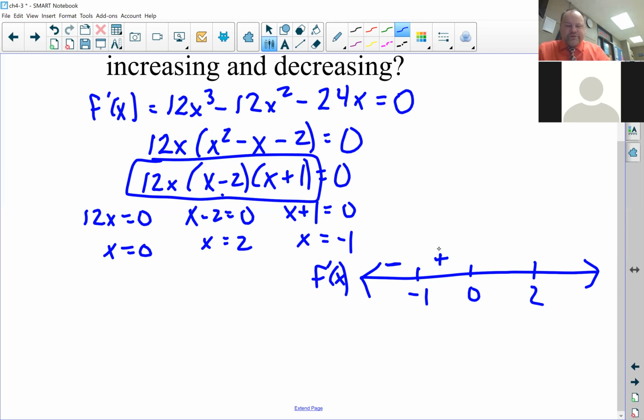Pick a value between 0 and 2, like maybe 1, and plug in 1. If I plug in 1, I get a value that is positive, a value that is negative, and a value that is positive.